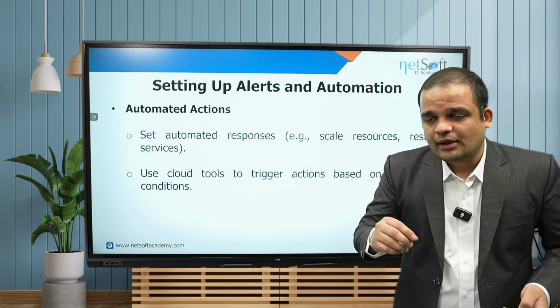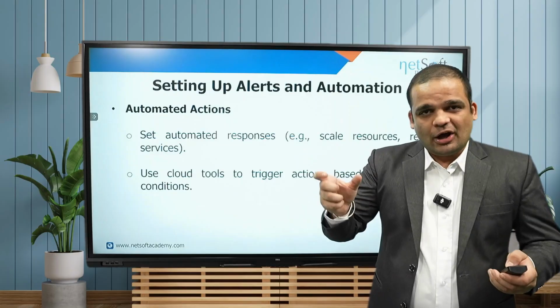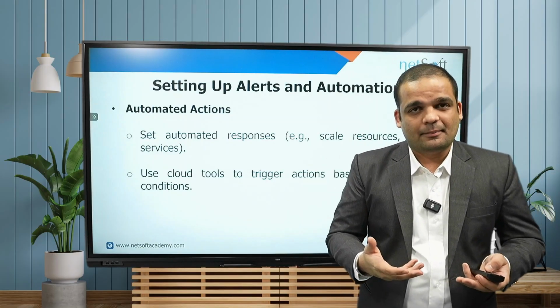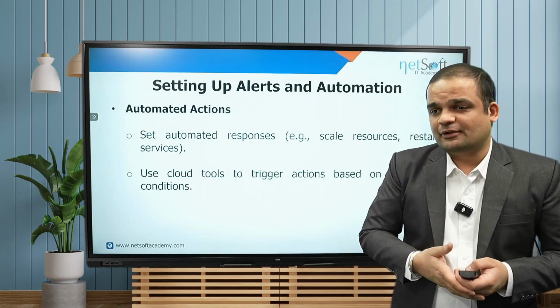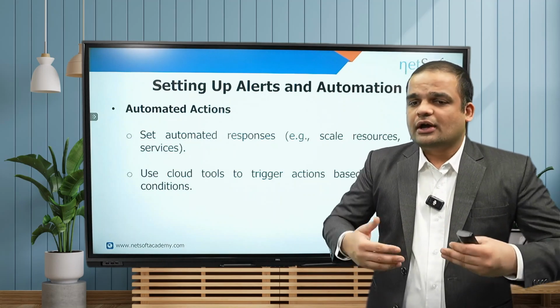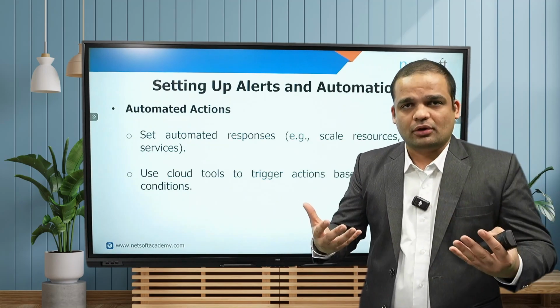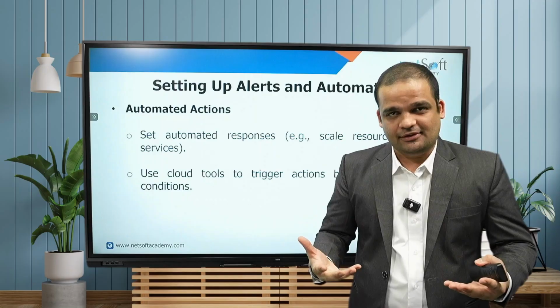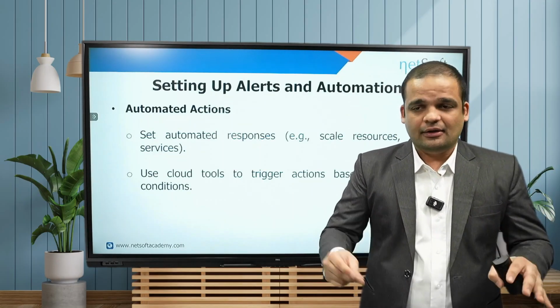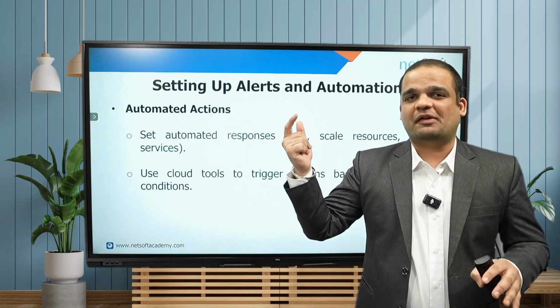In simple words, automation sounds simple, but sometimes it can get complex. But the good thing is, AWS as well as Azure provide functions or services to create some kind of runbook or automated sequences. Once it is configured properly, it will take action whenever the trigger happens.